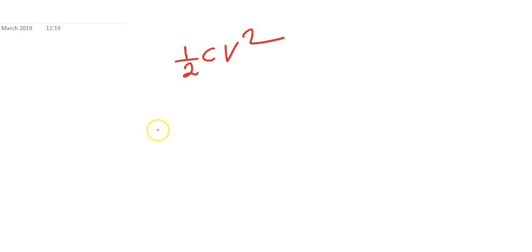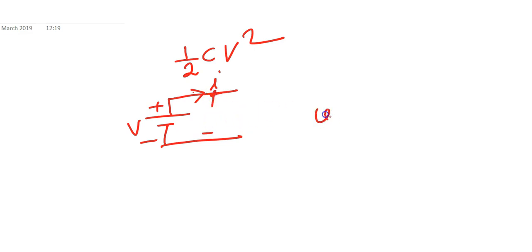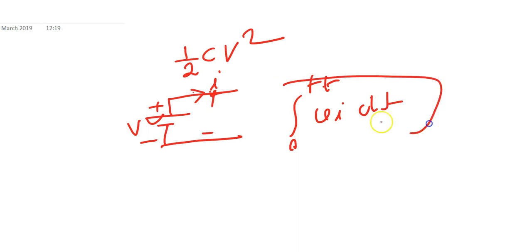Suppose this is a battery, with this voltage and current. How much energy is drawn from this? In the same way you use the relations: find the voltage and the current, then integrate for that time dt. That much energy will be drawn from that battery. Always remember, resistors dissipate energy, and capacitors and inductors store energy.